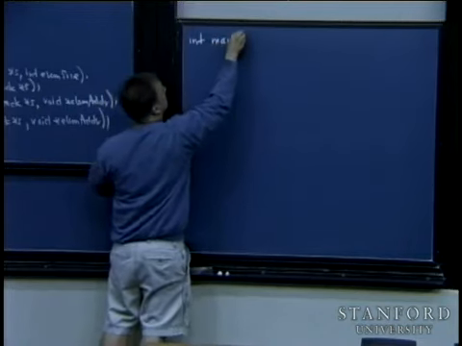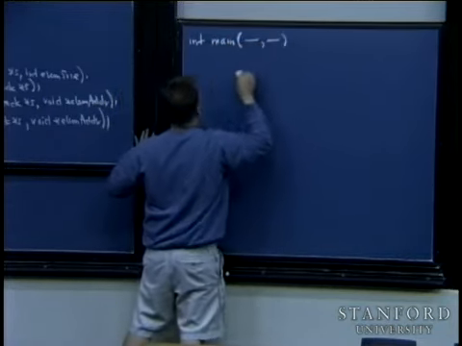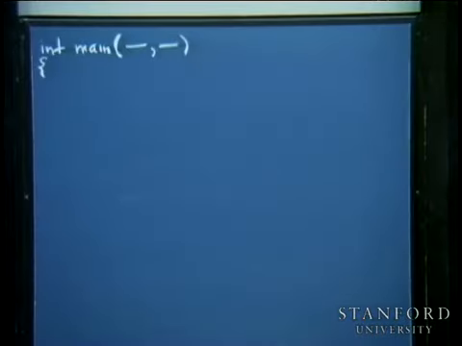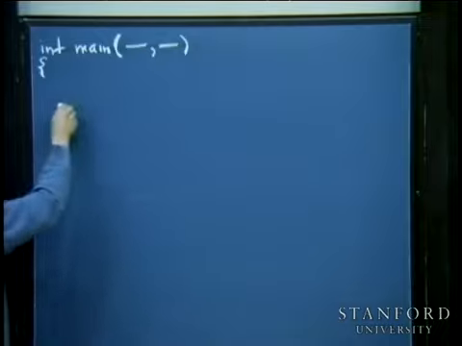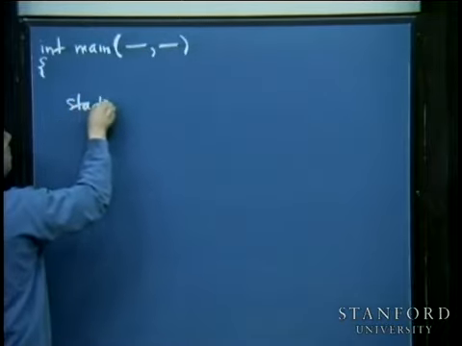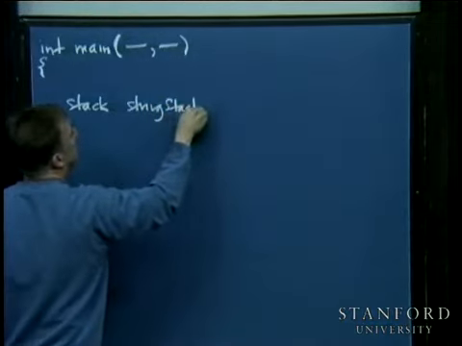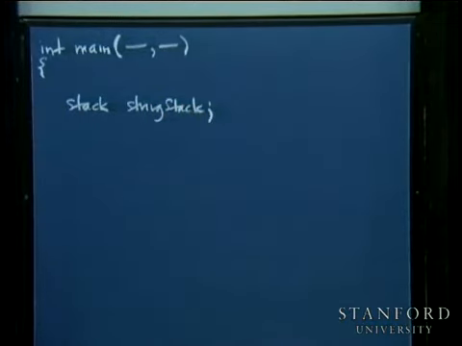being your main function. I don't care about argc and argv, but I do care about declaring one of these things. And I'll emphasize the fact that it is a string stack. And what I want to do is press on 4 deep copies of these strings right here.